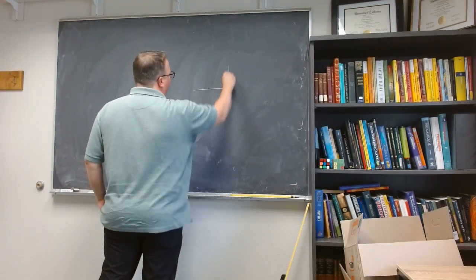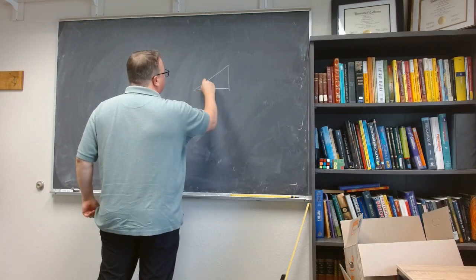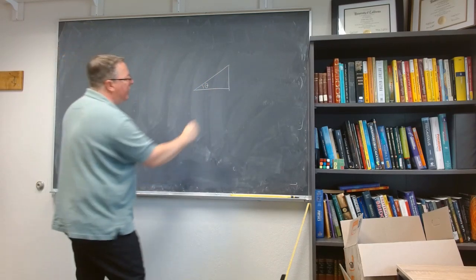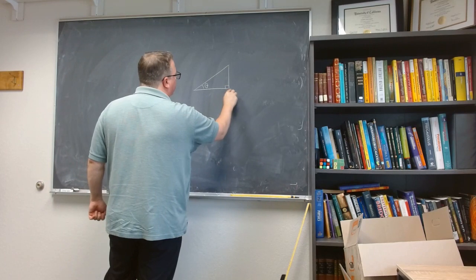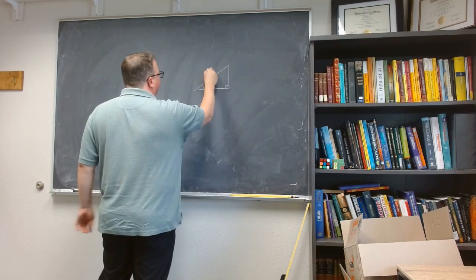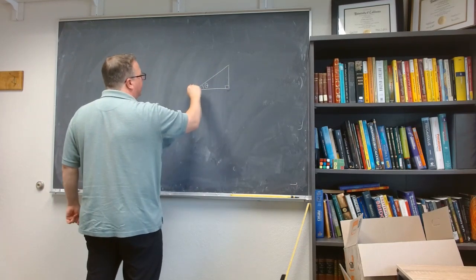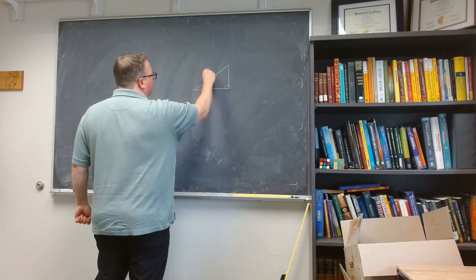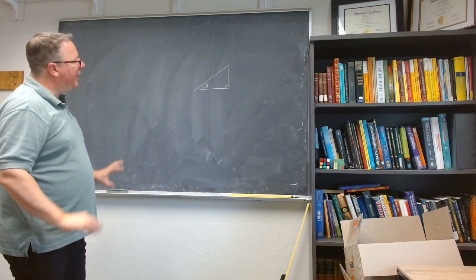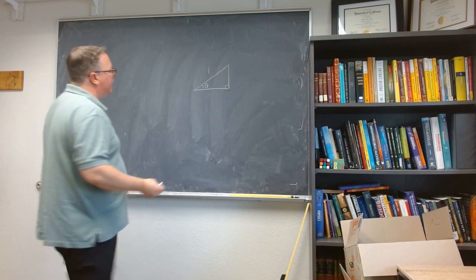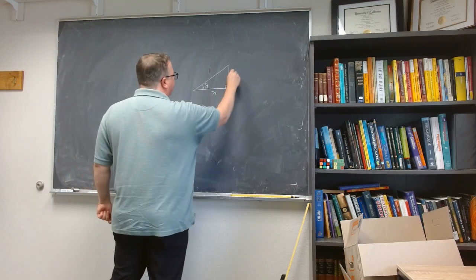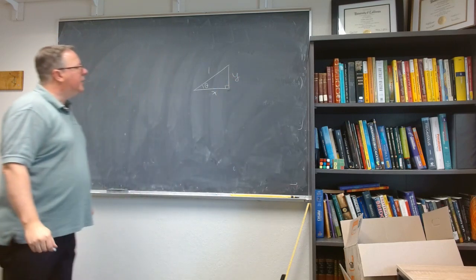So in a right angle triangle, if this is your angle theta, and here is your right angle, you have sides. We're going to make this hypotenuse here a length of 1. That's typically how we do it. I'm going to call this here x and this here y.